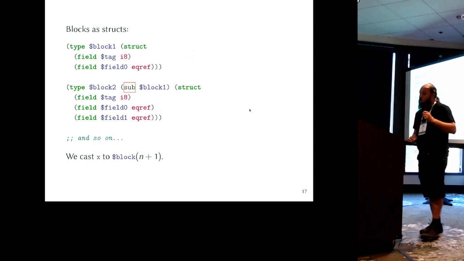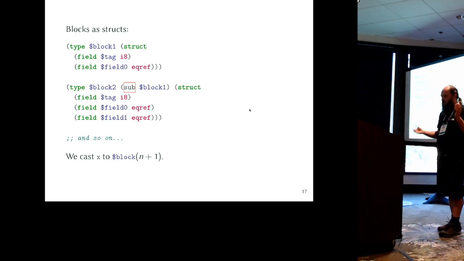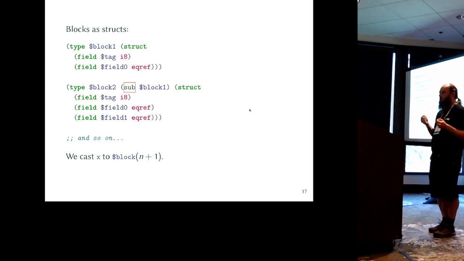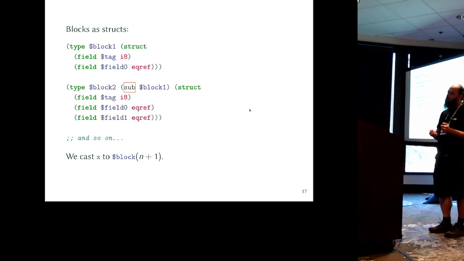So that means that we need to use the subtyping chain that WebAssembly proposes if we want to represent things as struct. And then a block of size n, we could access any field lower than n.